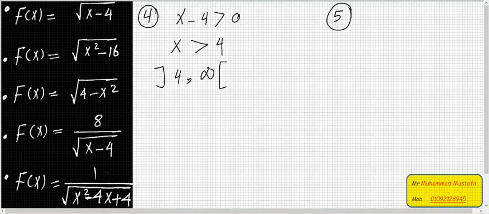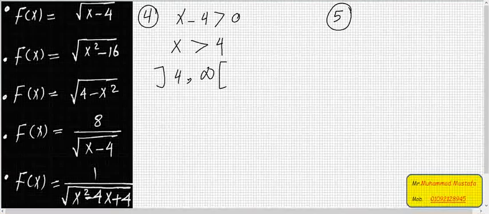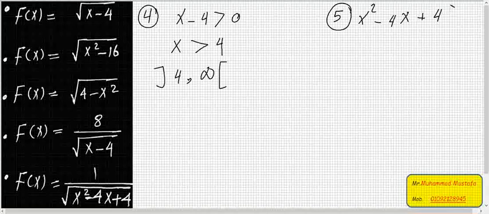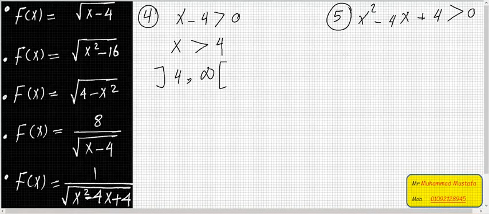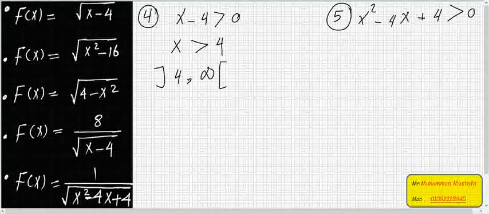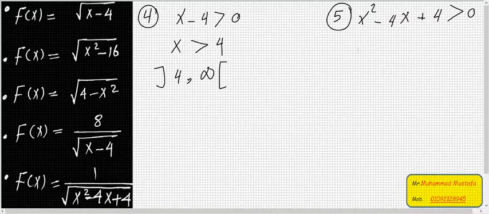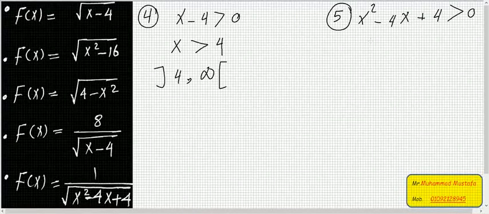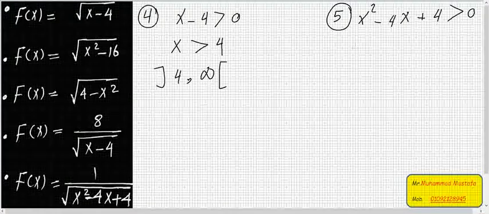Here also, f of x equals 1 over the square root of x power 2 minus 4x plus 4. We put the expression under the root, x power 2 minus 4x plus 4, greater than 0 because the square root is in the denominator. We notice that the trinomial x power 2 minus 4x plus 4 is a perfect square.